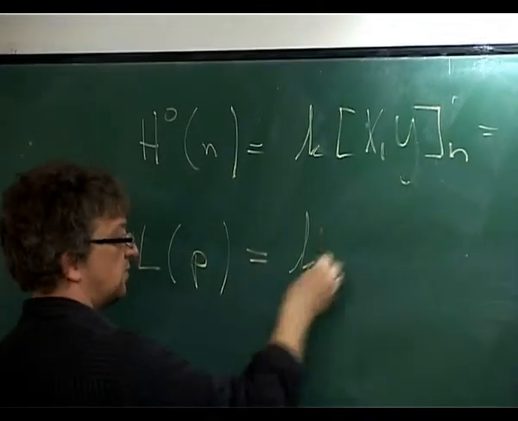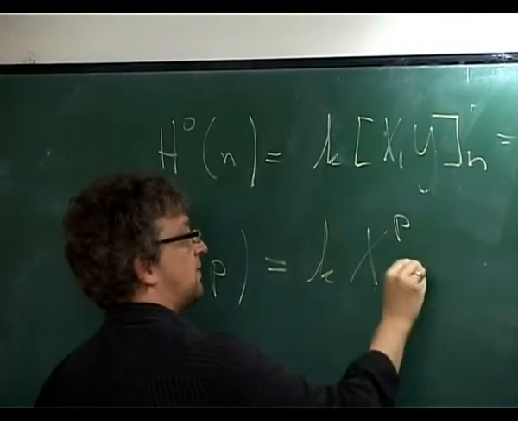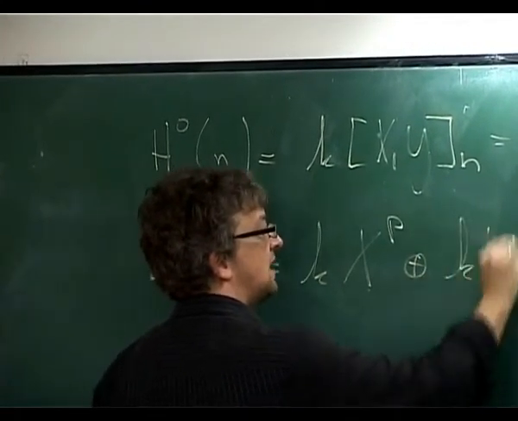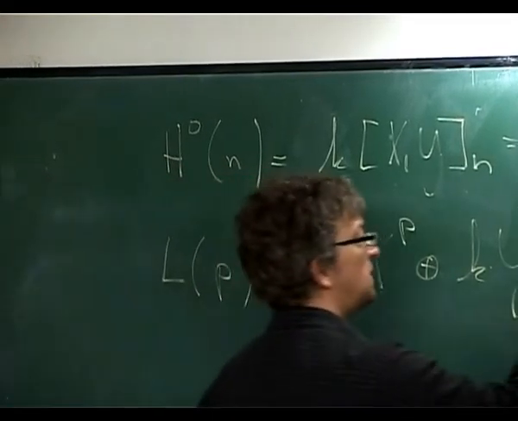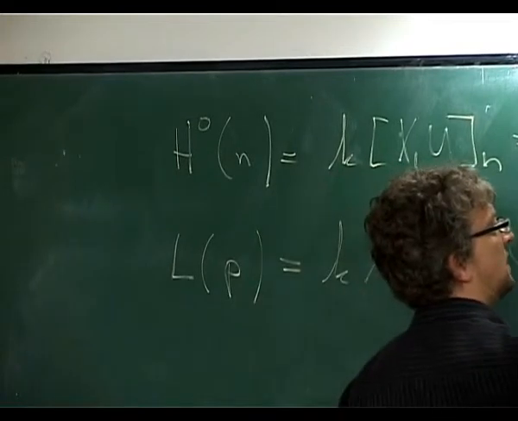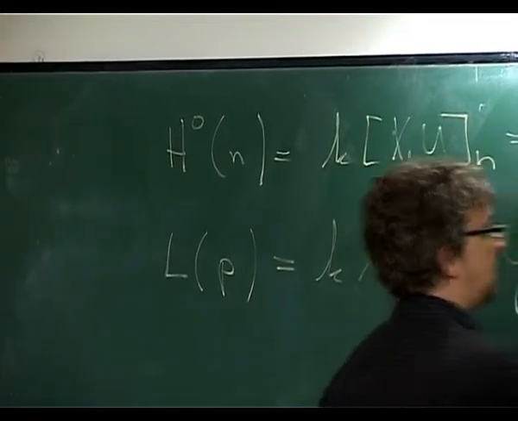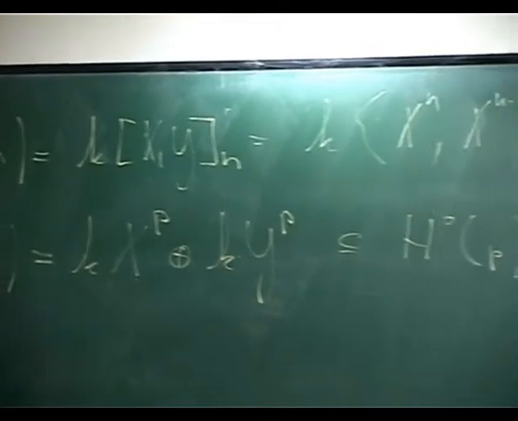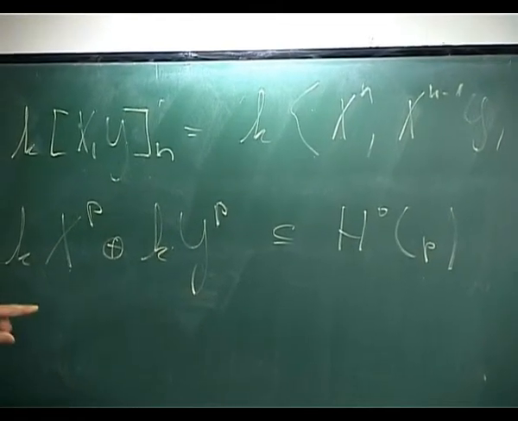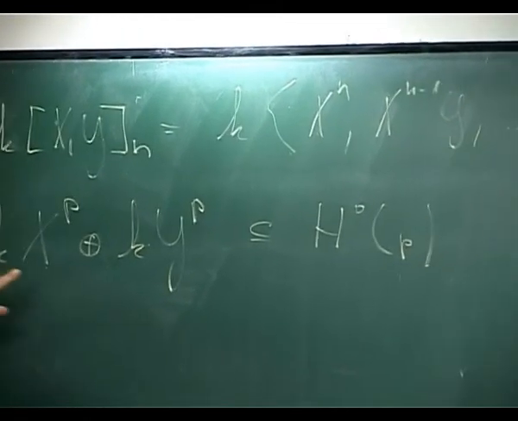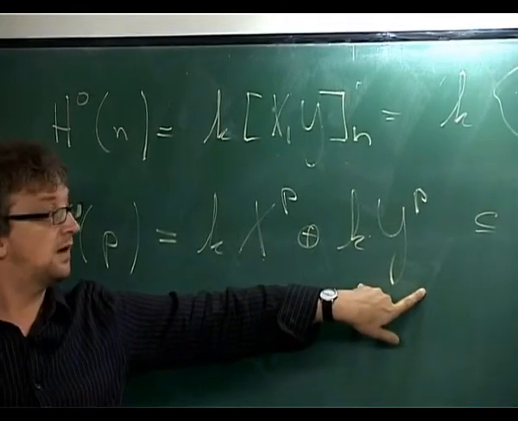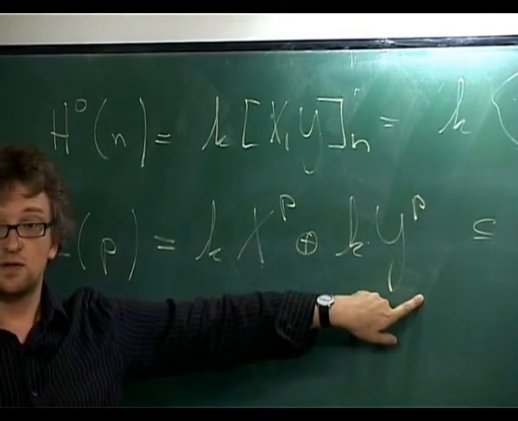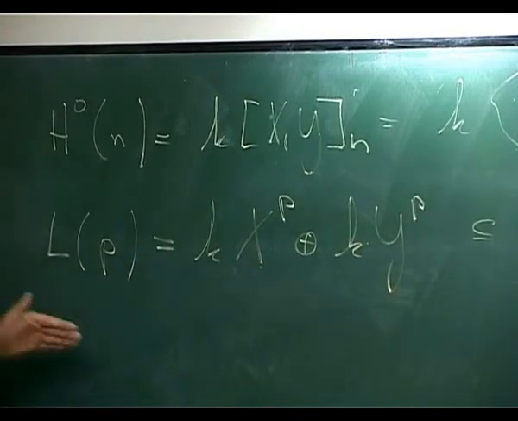But now let's look at the simple module at p. We identified it for the group as being two-dimensional, generated by x to the p and y to the p inside H0(p). So this is a submodule for the group. But if we look at the action of the Lie algebra of SL2, we see that each individual component is actually the trivial module, so this splits further.